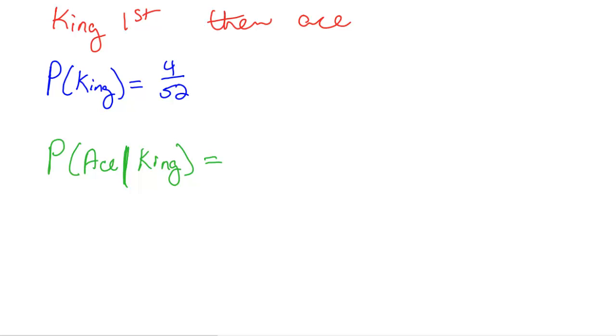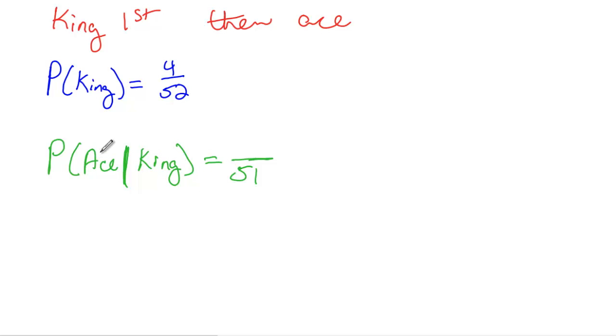We have a king sitting out of the deck. We started with 52 cards. I drew one of them. So now I'm down to 51 cards because I did not put that king back. How many aces do I have? Well, I know that I drew a king because that's what this is telling me.